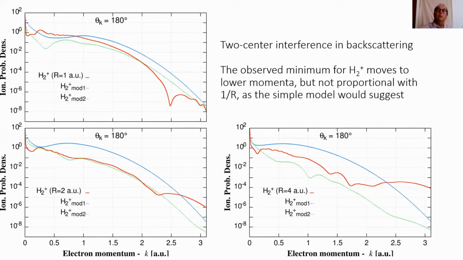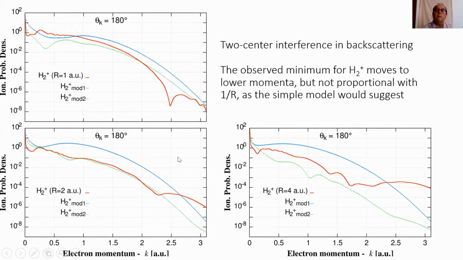We have also represented for the backward scattering, a fixed angle of 180 degrees ejection of the electron, the ionization probability as a function of the momentum of the ejected electron for the three studied internuclear distances.